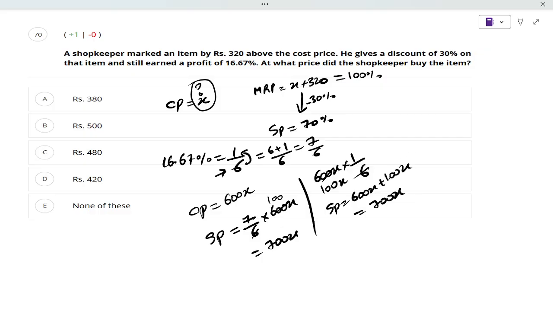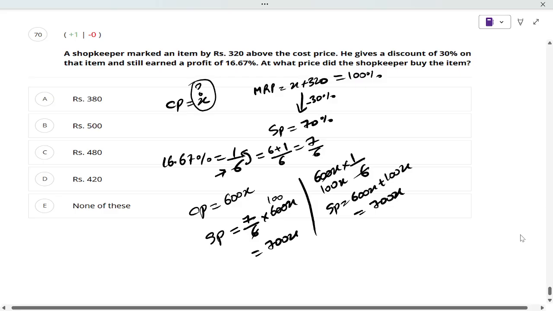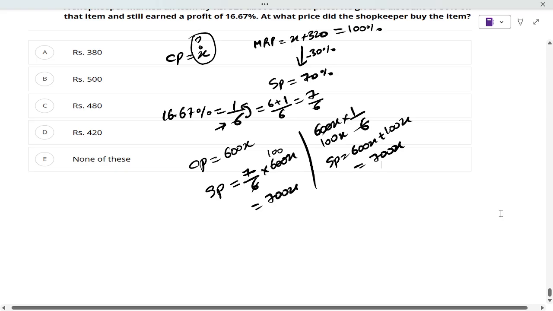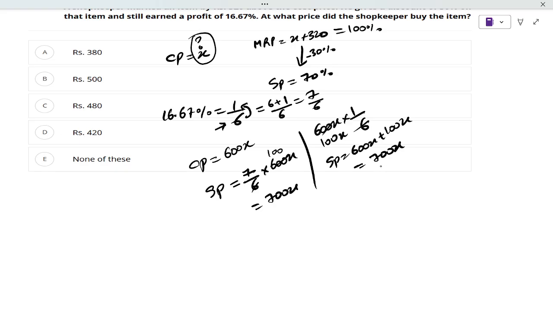Now this was given after 30% discount. Alright, but again, the shopkeeper mark an item rupees 320 above the cost price. So we need to add this 320 rate. So here, before coming to 320, this selling price was from 30% discount though.